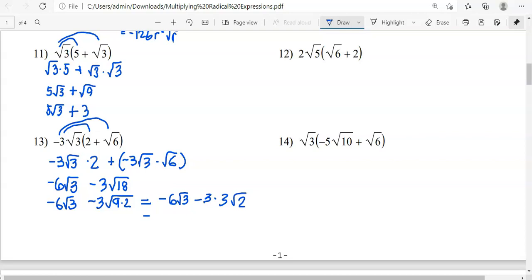So our final answer is negative 6 square root of 3 minus 9 square root of 2. So ito ulit, hindi na natin pwedeng i-combine. They are not similar radicals.